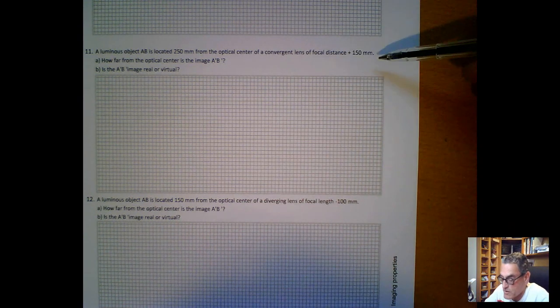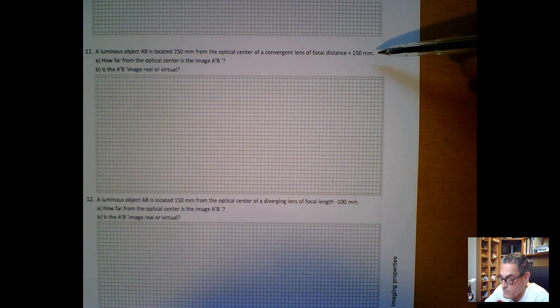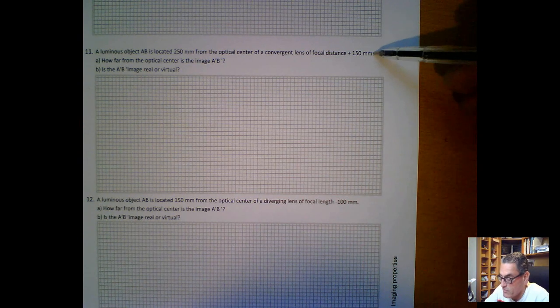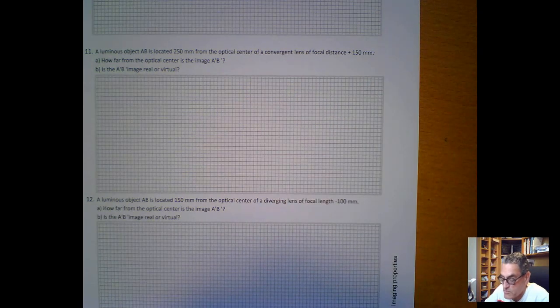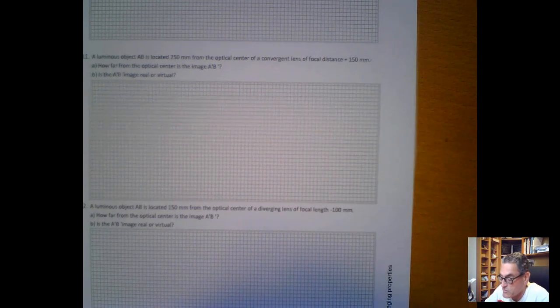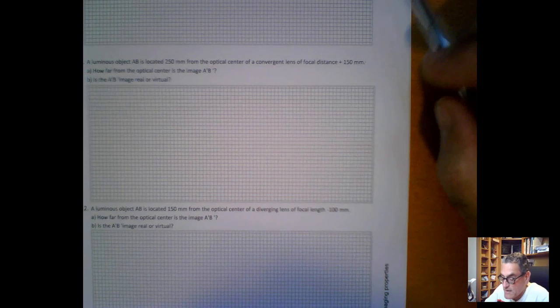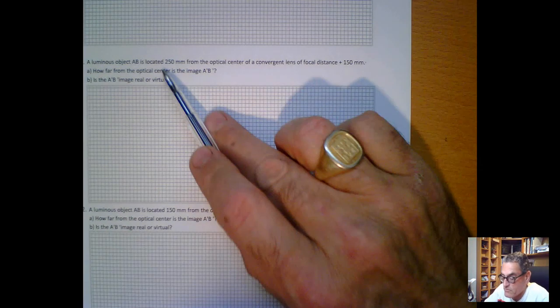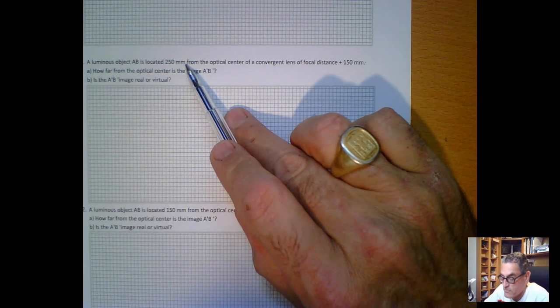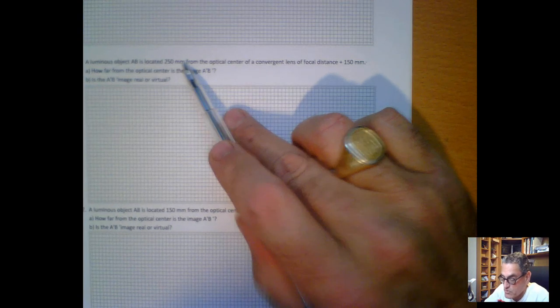A luminous object AB is located 250 millimeters from the optical center of a convergent lens of focal distance 150. How far from the optical center is the image? Okay, let's do it. Let's choose a scale. What if I divide by 5? If I divide by 5, it's not bad.